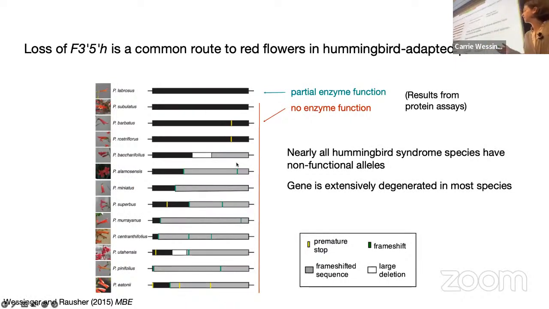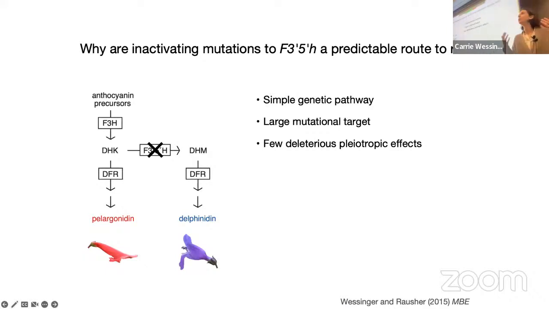And in many cases, the gene is extensively degraded. And of course, once an initial mutation inactivates the enzyme, it's going to accumulate additional mutations on its way to becoming a pseudogene.